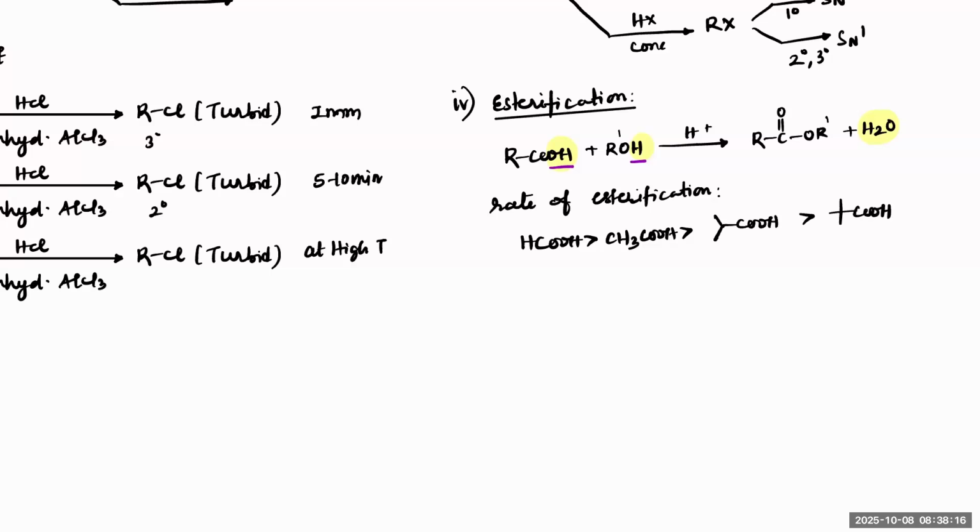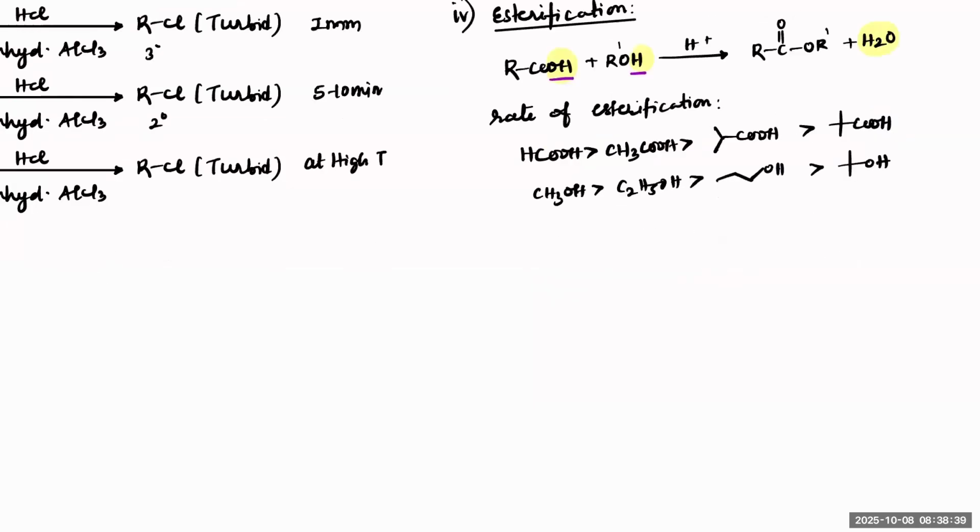Similarly, CH3OH will have more rate compared to C2H5OH, compared to propanol, compared to tert-butanol and so on. This is the rate of esterification that you will identify.